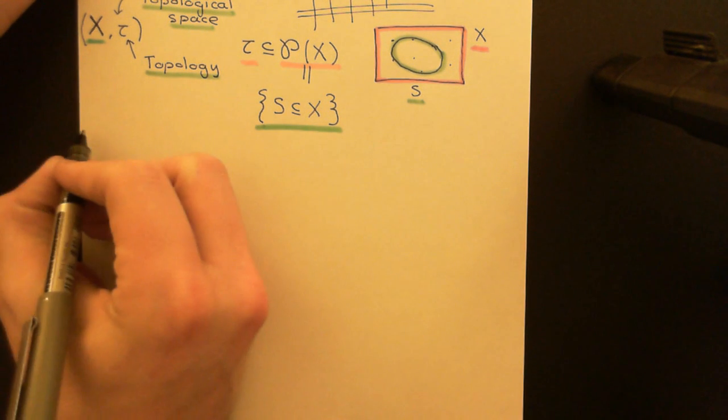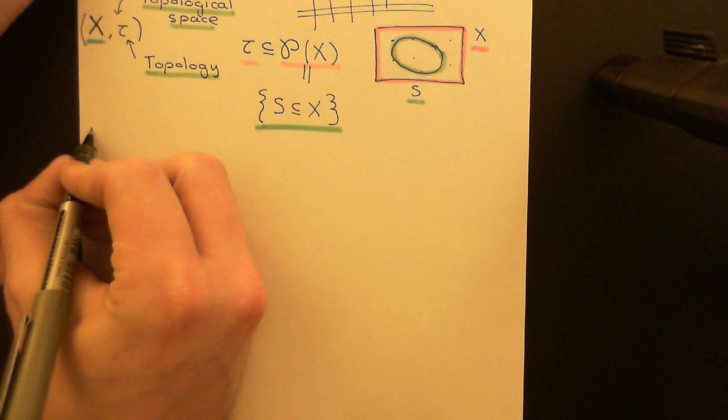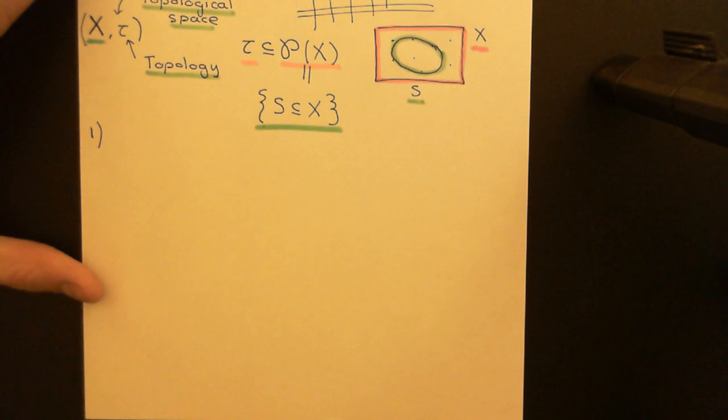So I'm going to state what properties we want this tau to obey if it is to be categorized as a topology. And if it doesn't obey these properties, then the blunt reality is that the pure mathematician says, no, you are not having the title of a topology, you are just a sub-collection of subsets of X, and I don't care about you.